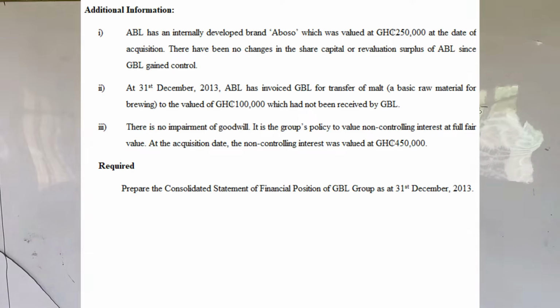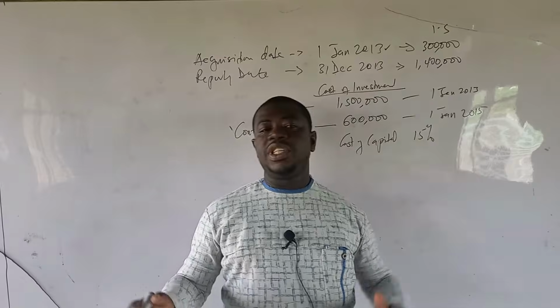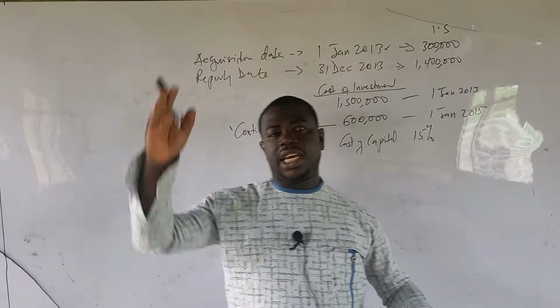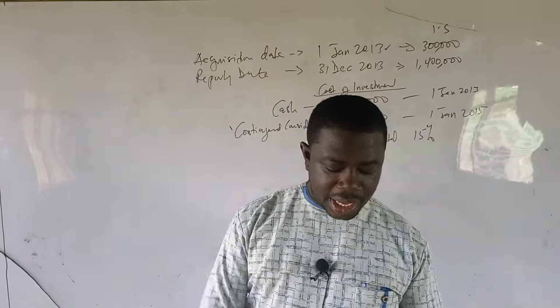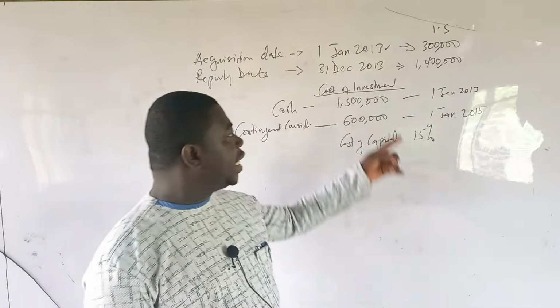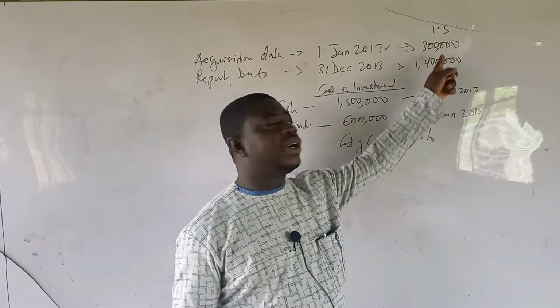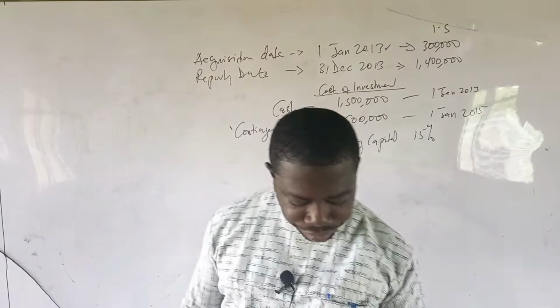So take note. Then we are told there have been no changes in share capital or revaluation surplus since control was gained. So it means that at acquisition date and at reporting date, there have been no changes in both the stated capital and the revaluation surplus. But the income surplus has definitely changed. We could see that.